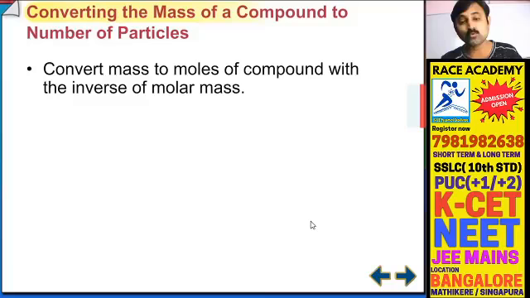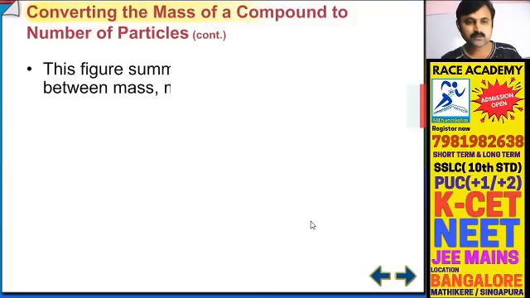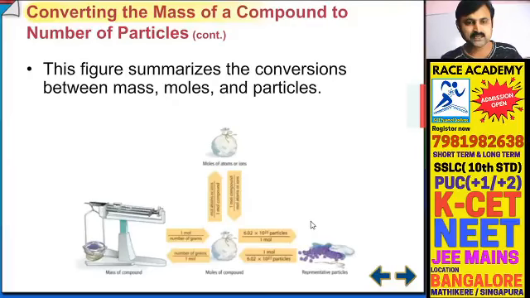Convert mass to moles of a compound with the inverse of the molar mass. Then convert moles to particles with Avogadro's number. If you see this figure, it summarizes the conversion between mass, moles and particles. So you can understand this from the previous discussion.